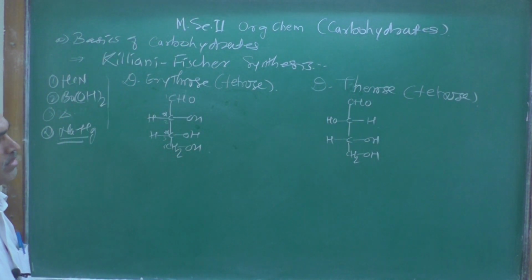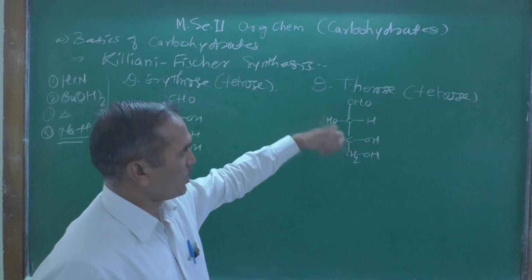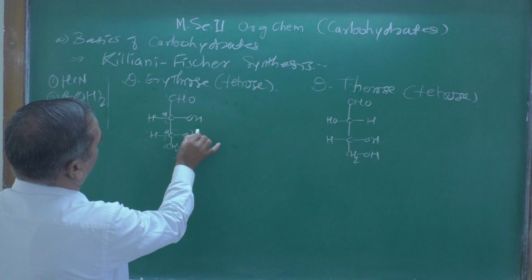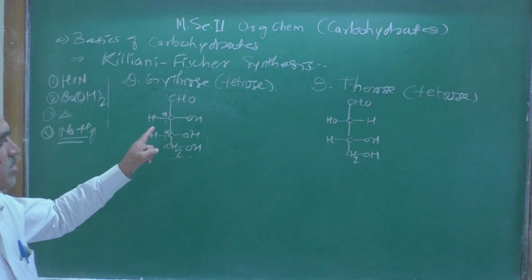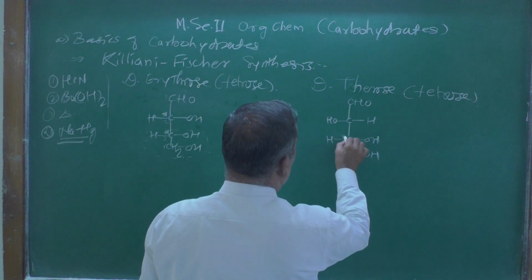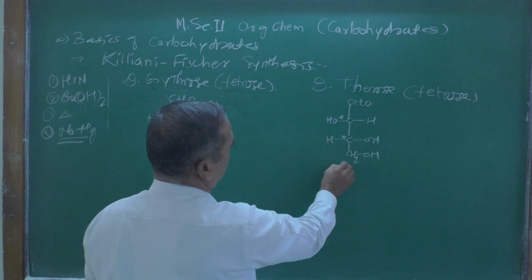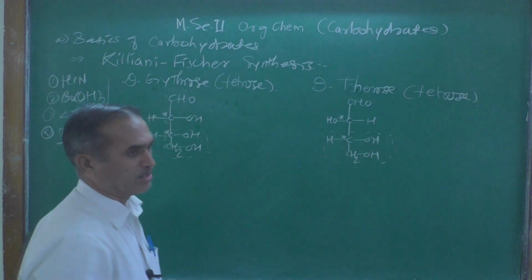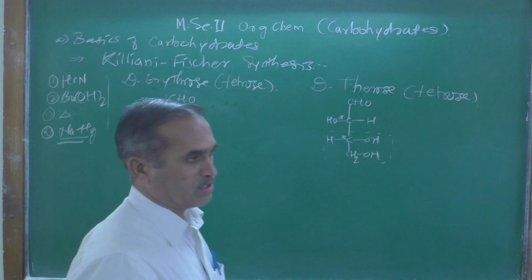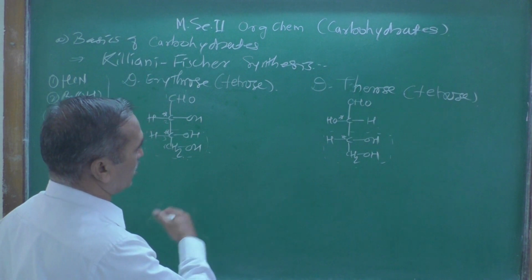So this is called D-erythrose and this is known as D-threose. Why D? Remember, the lowest chiral carbon atom, the lowest asymmetric carbon atom is this one, and depending upon that lowest chiral center we can designate D or L.